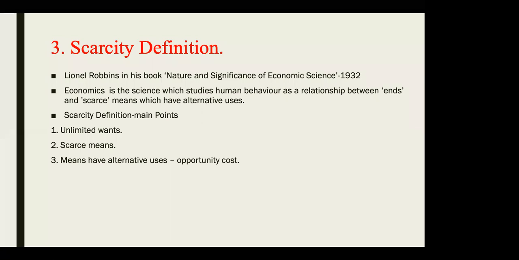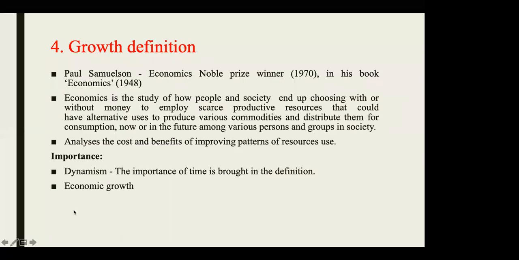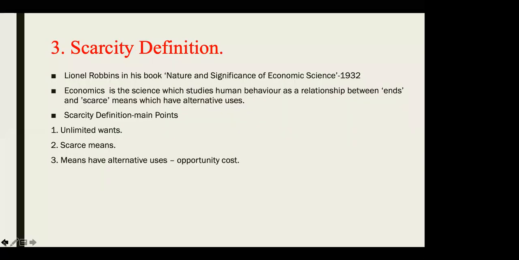And these resources have alternate uses to which they can be put, and he satisfies his wants. That is why these means have opportunity costs. If you are using one resource and getting one want, then you are not able to get the other one. So this is the crux of opportunity cost.